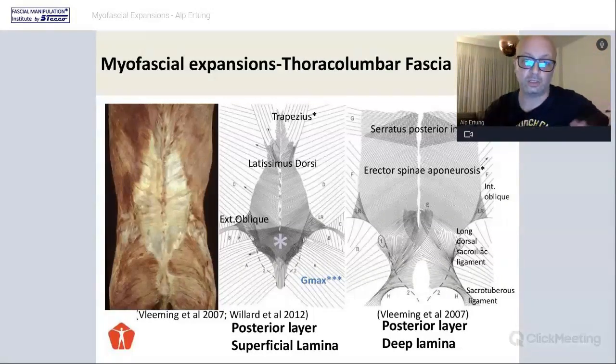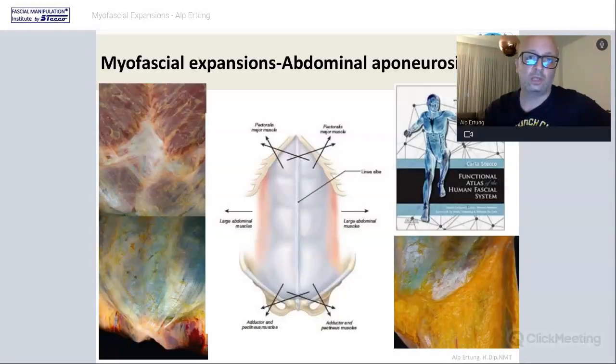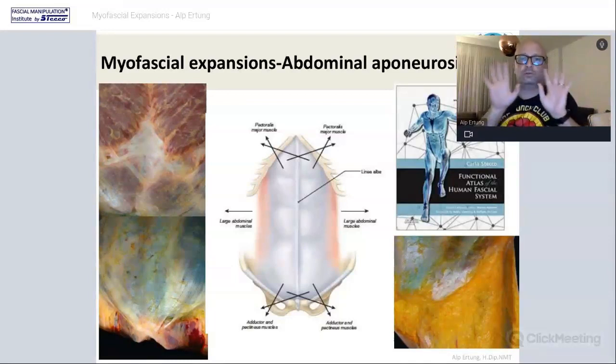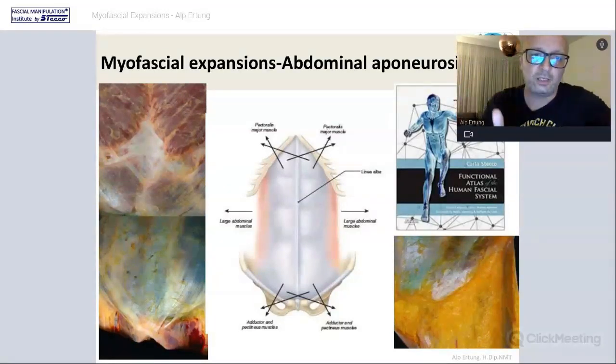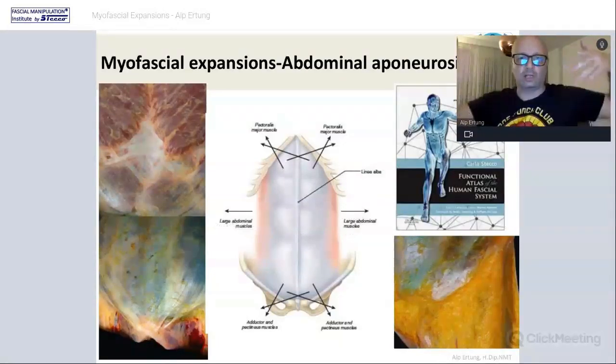these special structures. And the abdominal aponeurosis is in continuity with the thoracolumbar fascia, and the expansions of the abdominal aponeurosis are being affected by pectoralis major and the large abdominal muscles coming from both sides, the external and internal oblique.